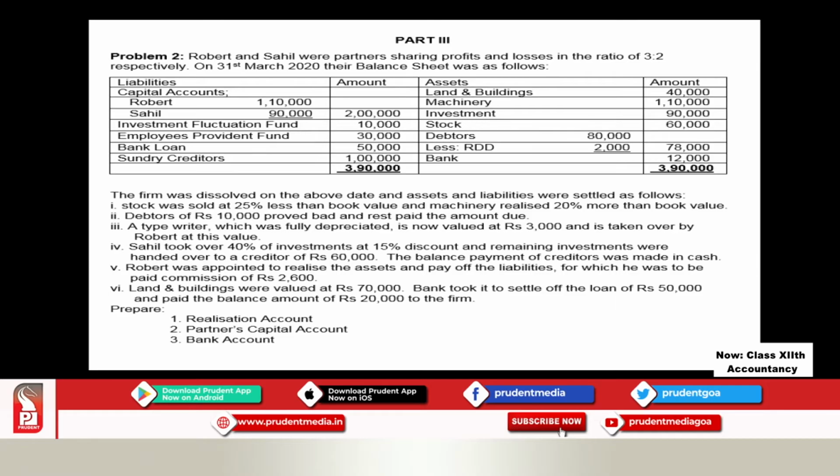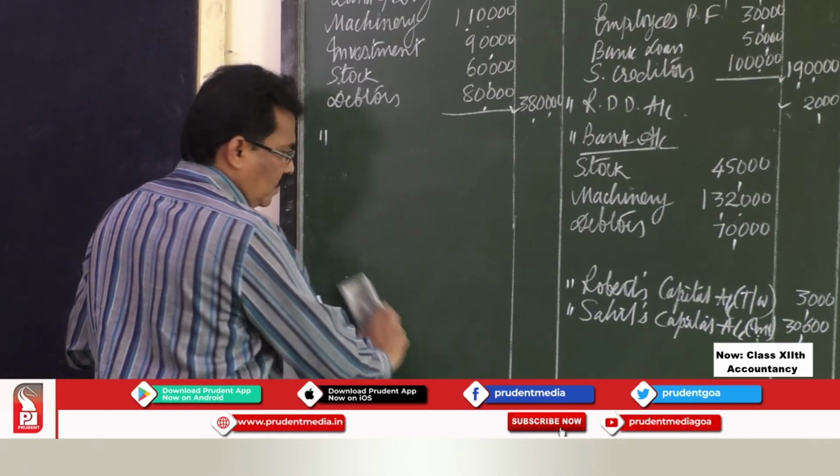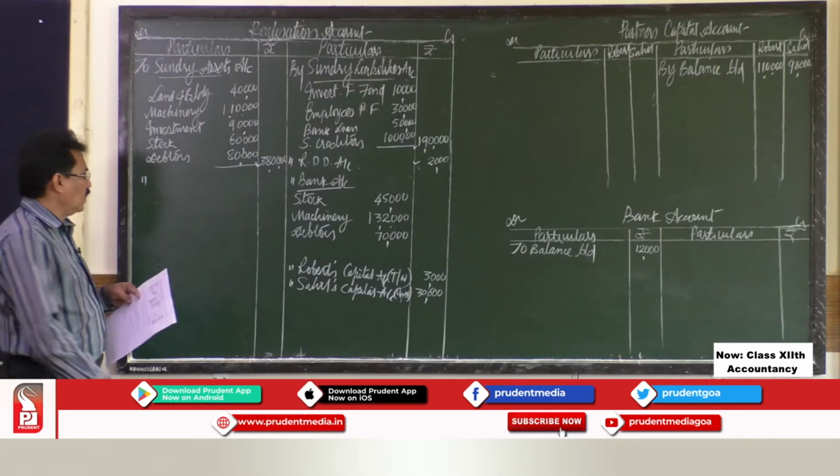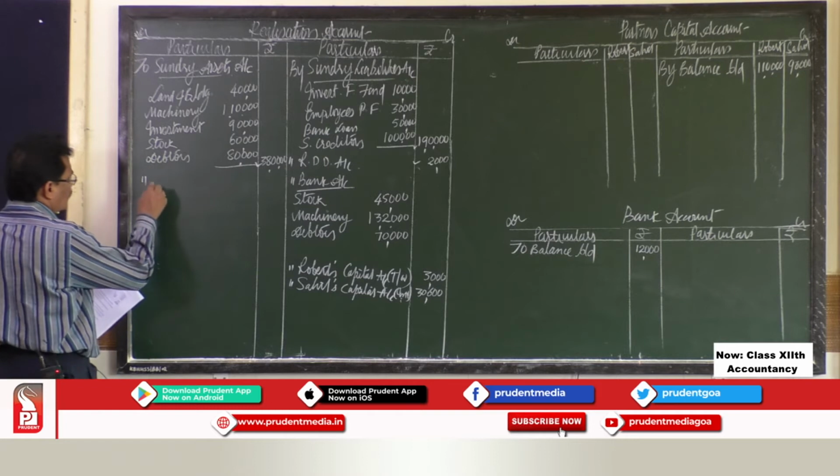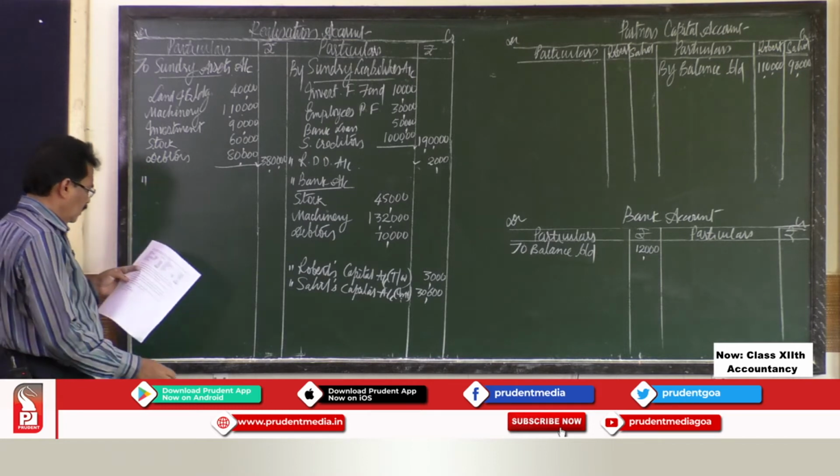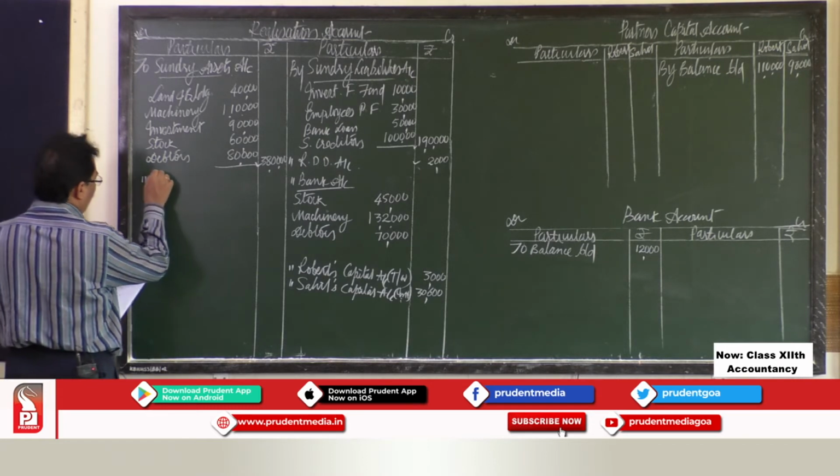Then Robert was appointed to realize the assets and pay off the liabilities, for which he was paid a commission of rupees 2,500. Robert is looking after the dissolution proceedings. So for that he is given a commission of rupees 2,500.